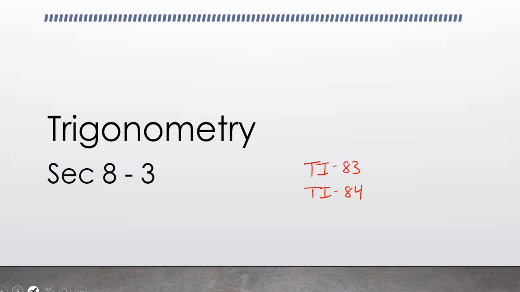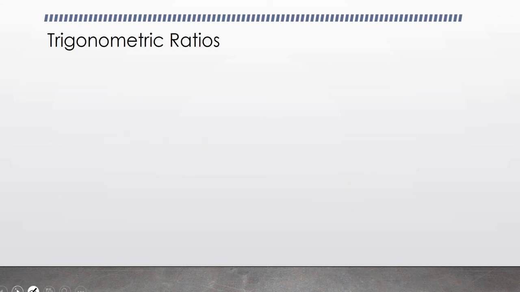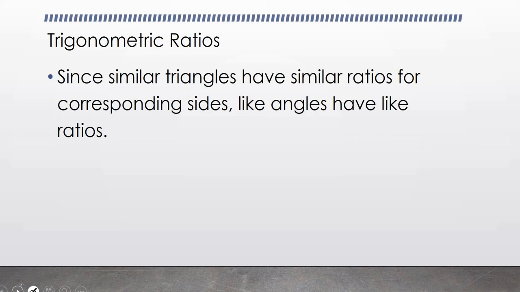We're going to look at something today called trigonometric ratios. We've learned that similar triangles have similar ratios for corresponding sides. Therefore, like angles have like ratios.